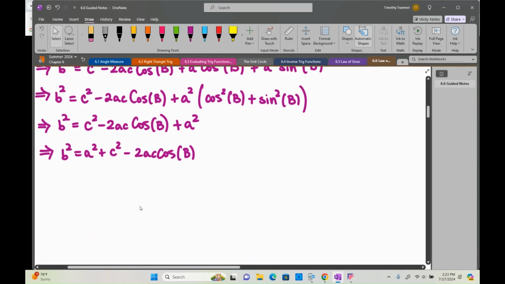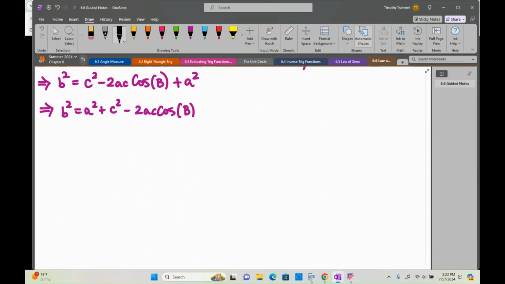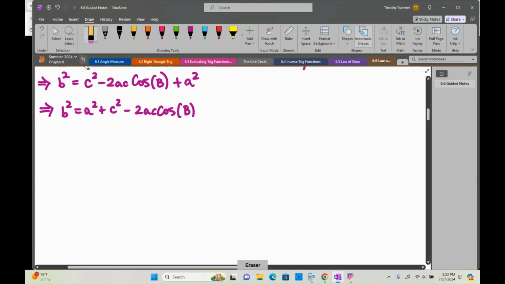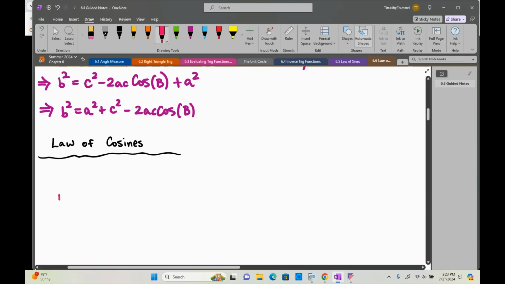Okay. So let's go ahead and actually write in here that we're going to write down our law of cosines now. This is one of the three formulas. All right. So the first one, and actually, I'm going to write in the second one first because we already have it.